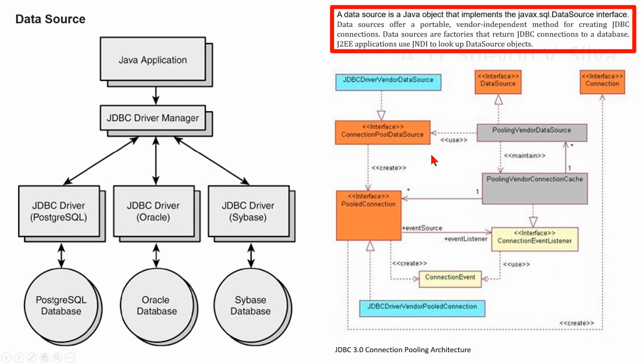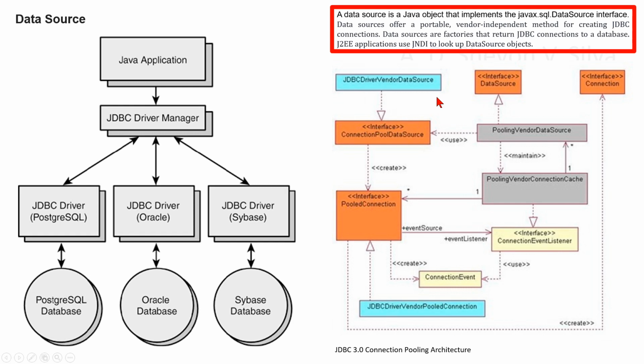ConnectionPoolDataSource, PooledConnection, ConnectionEventListener. This figure shows the general framework. This is the JDBC 3.0 connection pooling architecture. JDBC vendor data source.